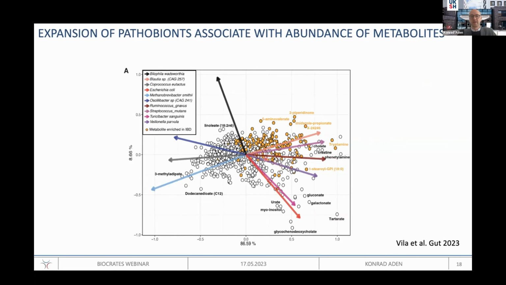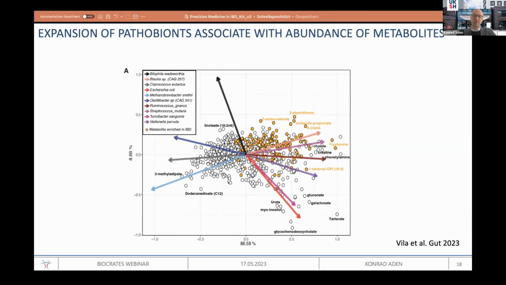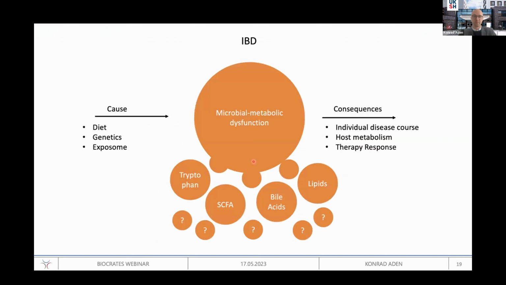And this indicates that there might be specific pathobiomes that have a specific metabolism leading to specific byproducts, fermentation products, which is either a starch fermentation or a high protein or a high fiber fermentation. And this association is something that we have to understand in more detail in order to direct targeted therapies either at the metabolic side or at the phage therapy to really restore the microbial metabolism.